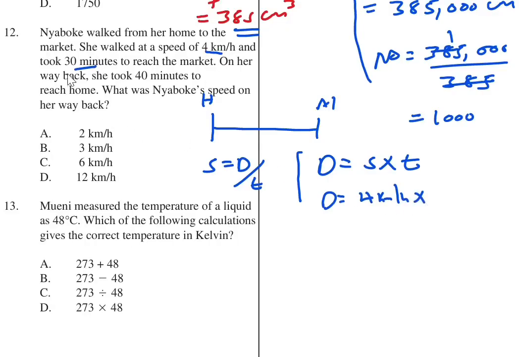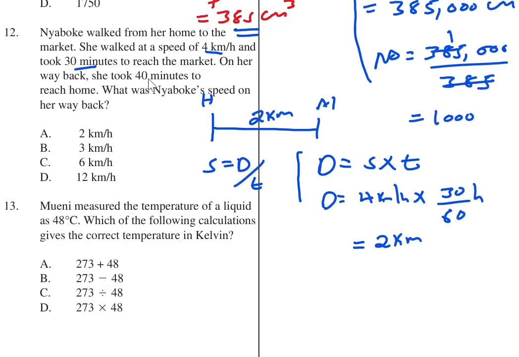Remember, here it is kilometers per hour, so we have to convert this into hours. We divide by 60, so it is 30 over 60 hours, or a half. If we multiply that, 4 times a half, you'll see it is 2. Distance is 2 kilometers. So from home to the market, it is 2 kilometers.